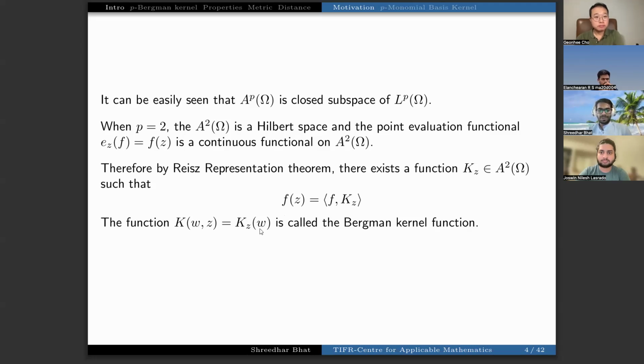This function k of w comma z, defined as kz evaluated at w, is called the Bergman kernel function. This is one of the important subjects in SCV.